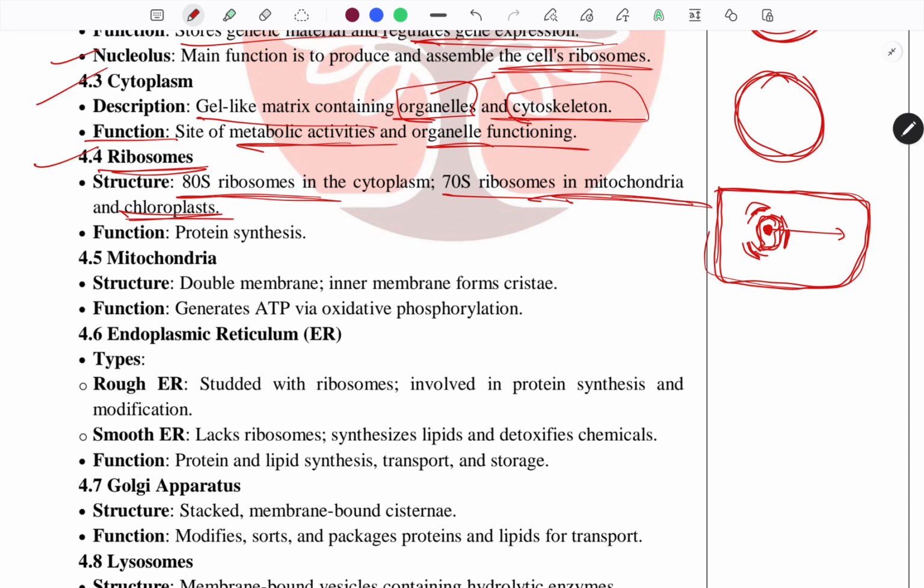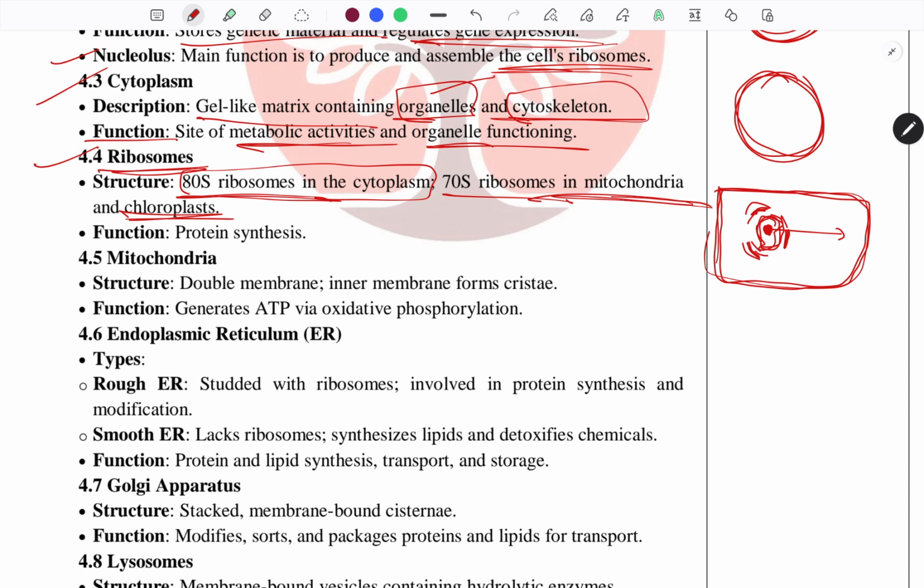So if a question arises in an exam, like what is the type of ribosome present in a eukaryotic cell, then we should choose 80S type of ribosome. And if they are extending the answer, then we can say 80S type of ribosome in the cytoplasm and 70S type of ribosomes in the mitochondria.